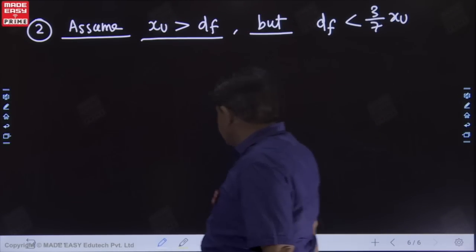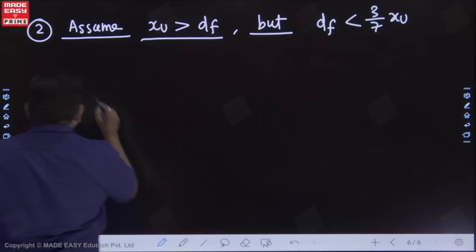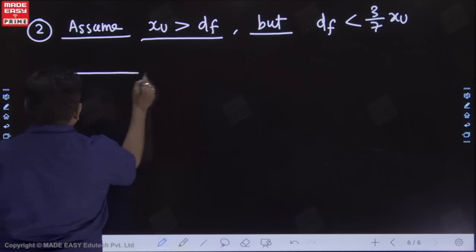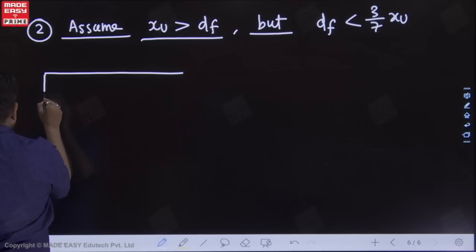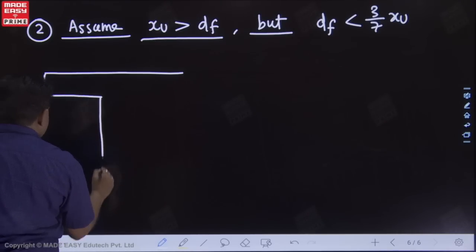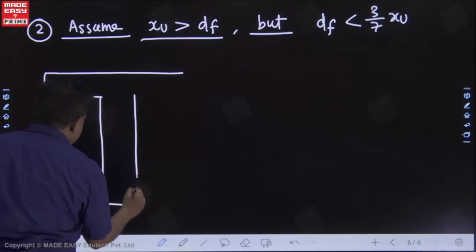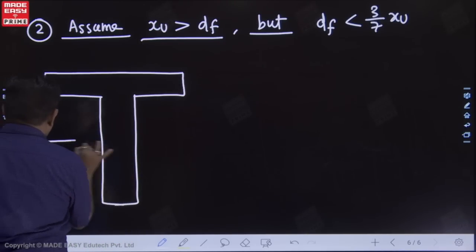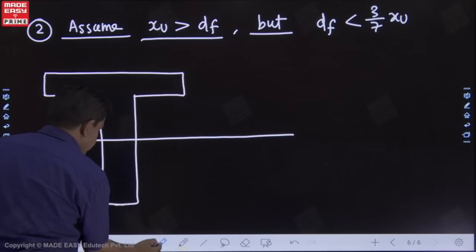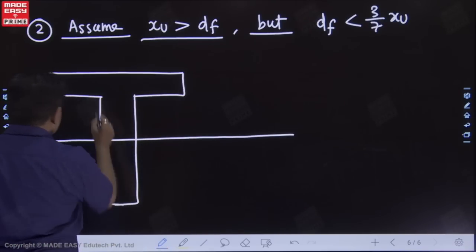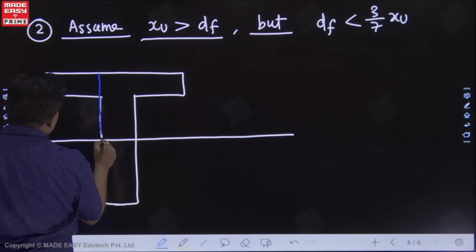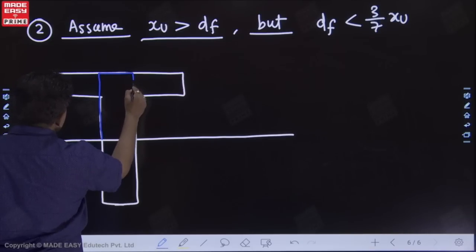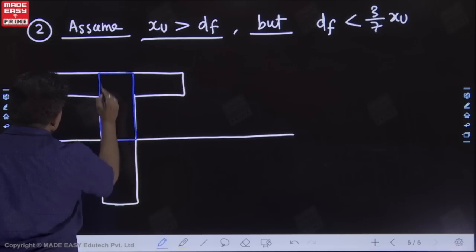Now understand the case. In this case, two different areas will develop over here. This is the neutral axis, suppose. So we have two different areas. Number one is this portion of the beam, that is the web portion.